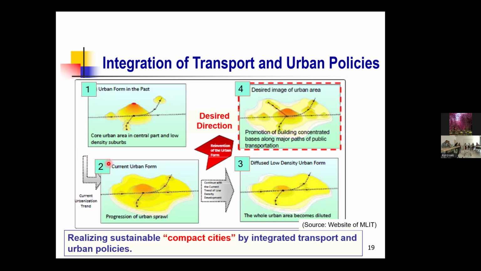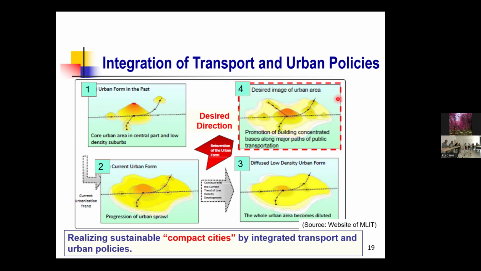If no measures are taken, this urban sprawl will develop and public transport network will be inconvenient as shown number 3. Of course, this kind of future urban sprawl must be avoided. So the government aims to realize the status of number 4.